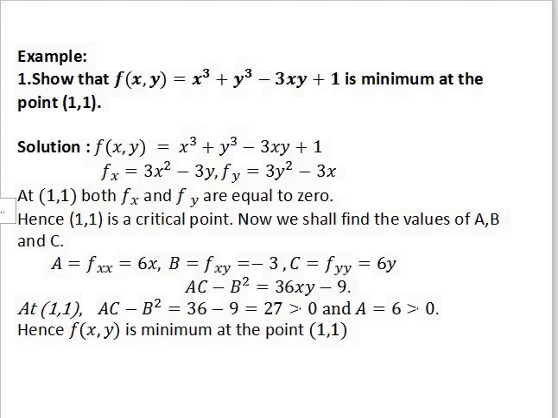And a at point 1 comma 1 is 6x equal to 6, which is greater than 0. Hence, ac minus b square is greater than 0 and a is greater than 0. Hence, f of x comma y is minimum at the point 1 comma 1.